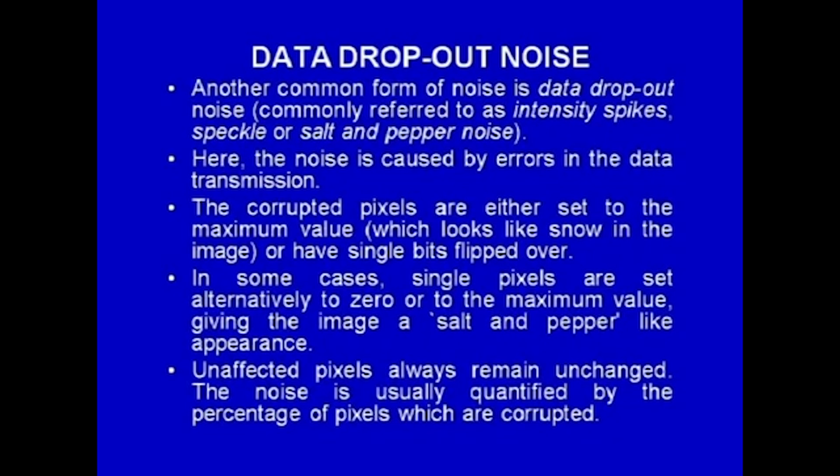In some cases, single pixels are set alternatively to 0 or to the maximum value, giving the image a salt and pepper like appearance. Unaffected pixels always remain unchanged. The noise is usually quantified by the percent of pixels which are corrupted.